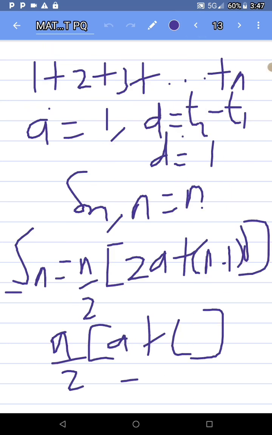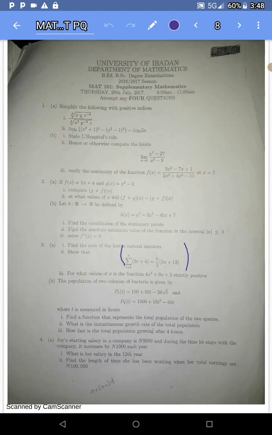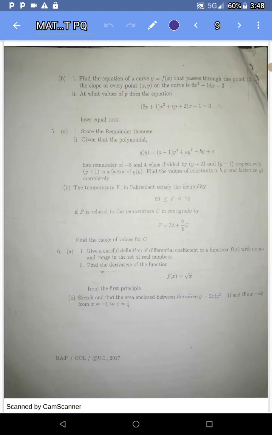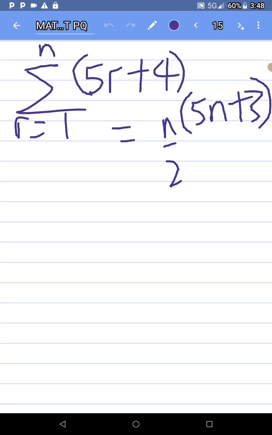Let's go back, I just want to confirm. I don't like going far and then discovering there's a mistake at some point. It's always painful. It's plus 13, so n over 2 into 5n plus 13. You see now? It's good I checked before beginning to solve. Very good. How do we do this? Now let me show you.